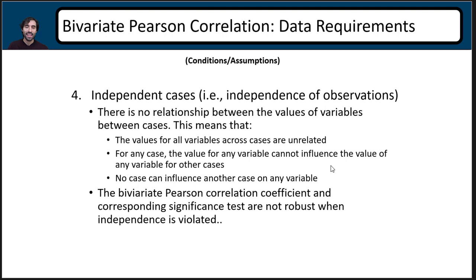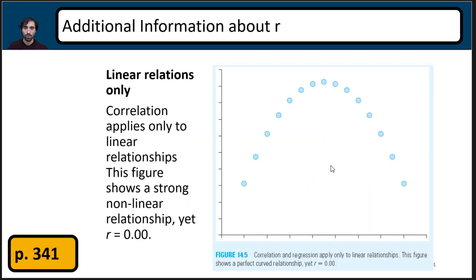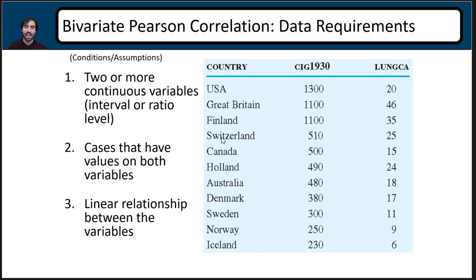So these need to be independent cases. In other words, each of the observations must not be the same. Going back to this example, we can't have Switzerland twice here. That's basically what we're saying, that all of these have to be independent of one another, especially within the variables.